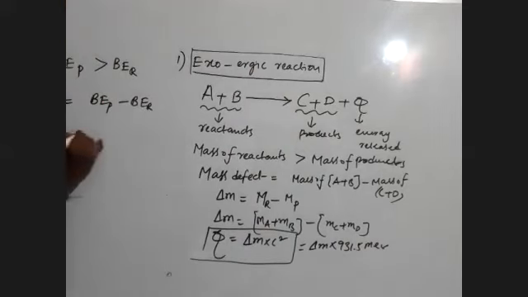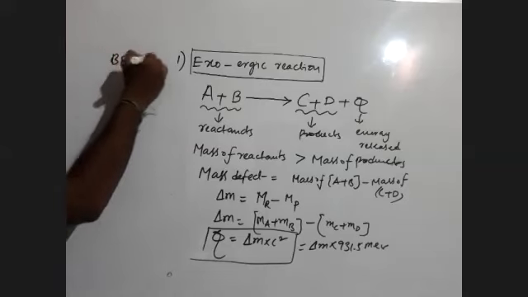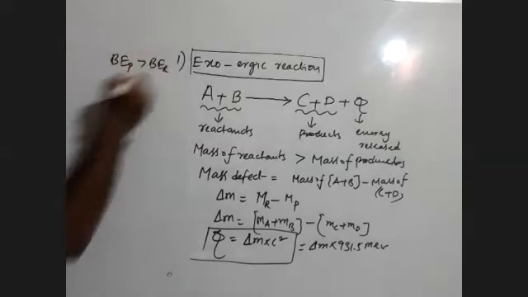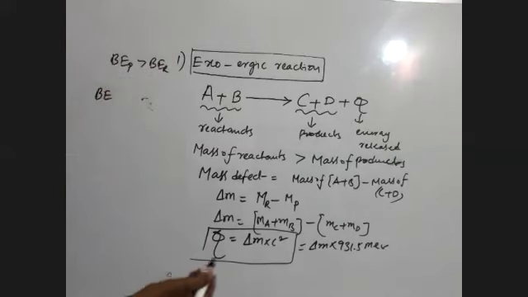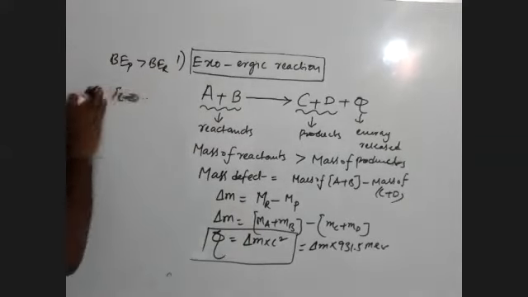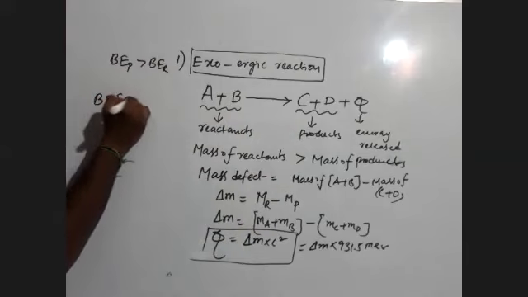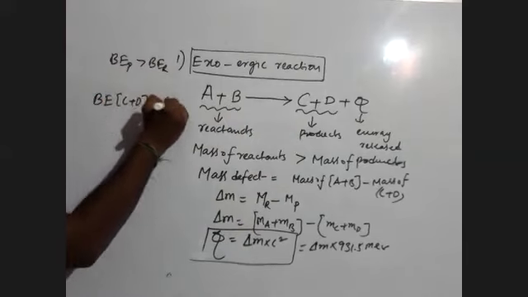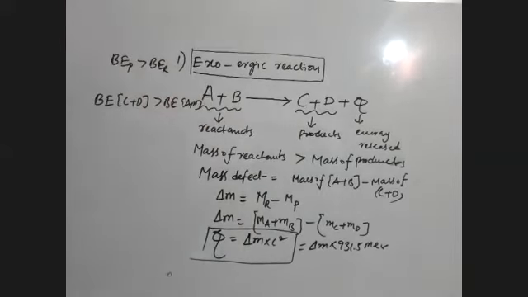Binding energy of products is greater than binding energy of reactants. Products are C, D. So the binding energy of C, D is greater than the binding energy of A, B.